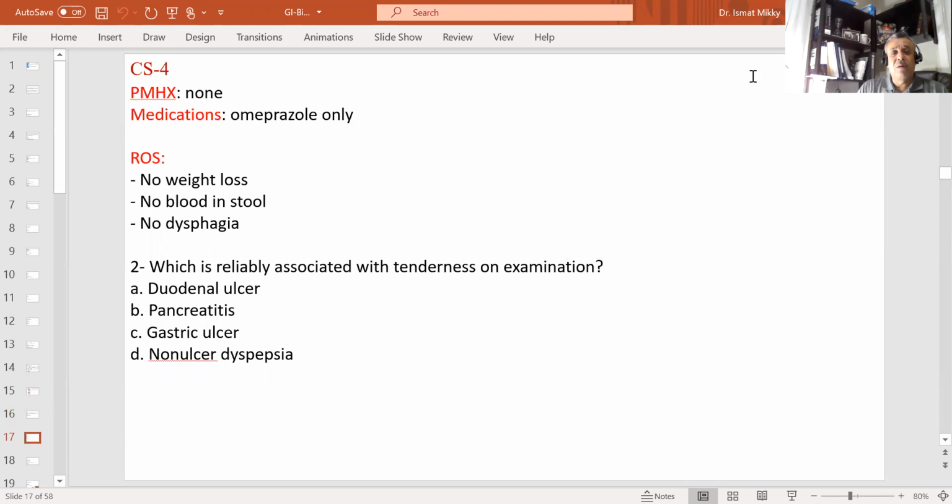So the patient will be on omeprazole only. The alarm symptoms, which indicate urgent endoscopy, would be weight loss, blood in stool or anemia, and dysphagia. So review of systems: no weight loss, no blood in stool, no dysphagia, the absence of all 3 alarm symptoms.